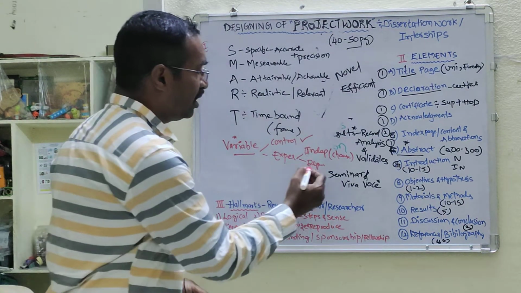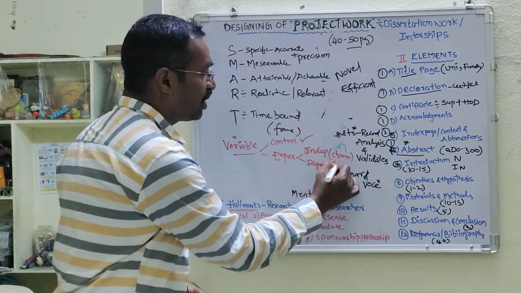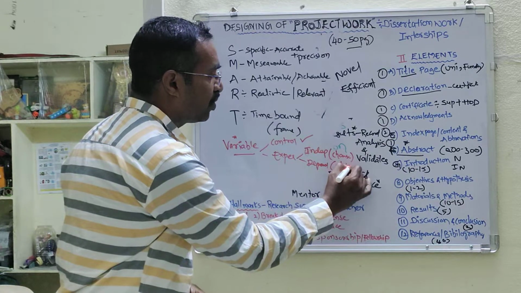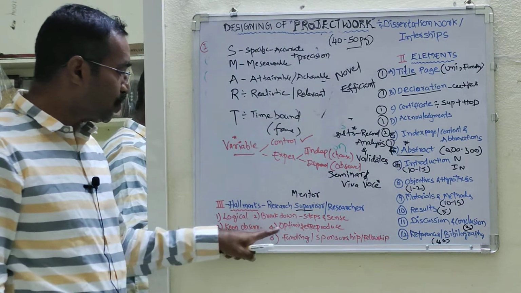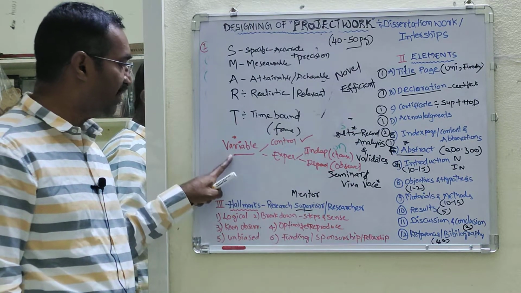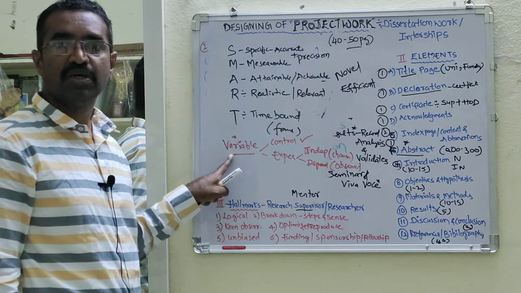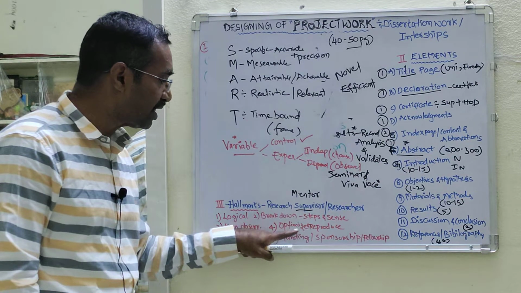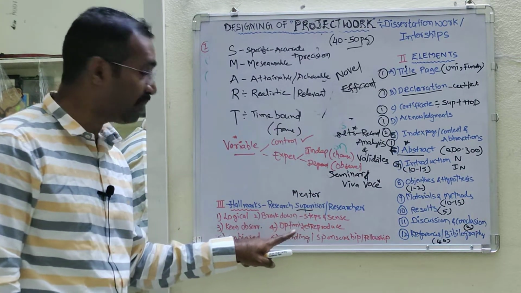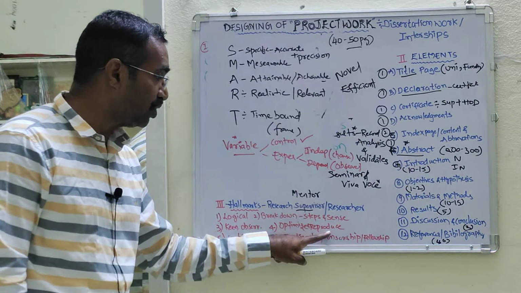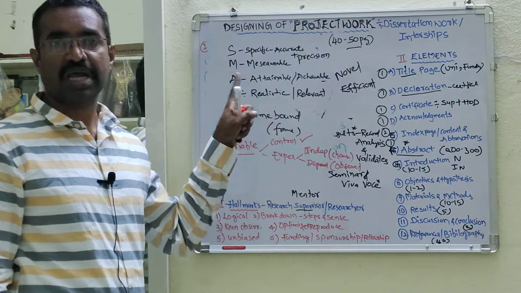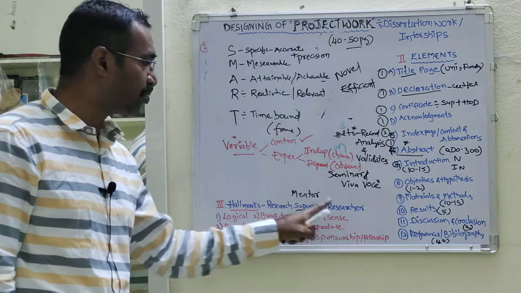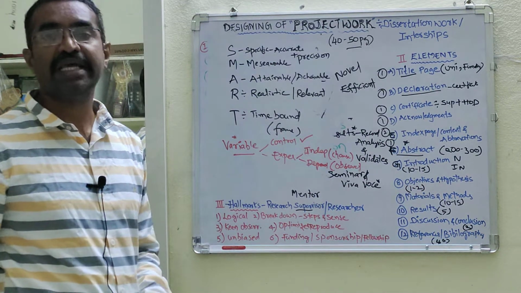And dependent variables means what we are going to observe, what we are going to get the results from. Like this, you should optimize different variables of the experiment so that you get those results. Optimization and reproducibility of the results are the hallmarks of any project work, until and unless the mentor and the project trainee are very alert.